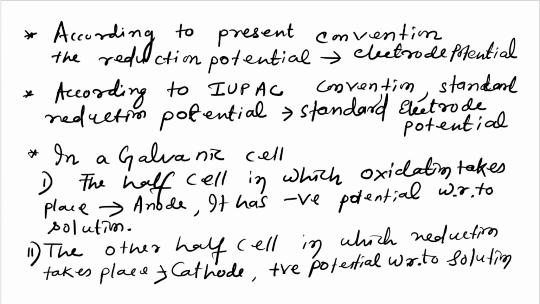According to present convention, two words, oxidation and reduction, were used before, but nowadays only one word is used for one electrode. Reduction potential means electrode potential. There is no use of the word oxidation potential.